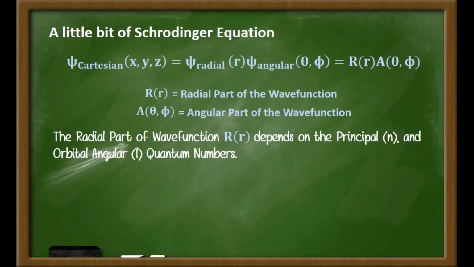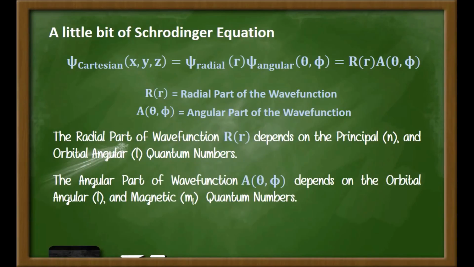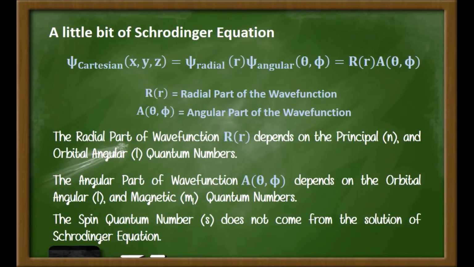Whereas the angular part of the wave function depends also on the orbital angular quantum number L, and on the magnetic quantum number ML. And finally, the spin quantum number does not come from the solution of the Schrodinger equation.